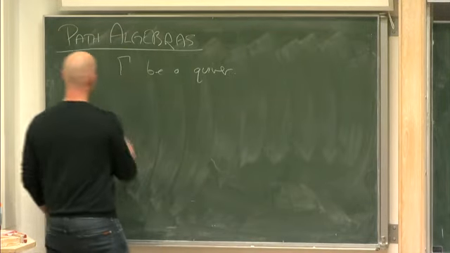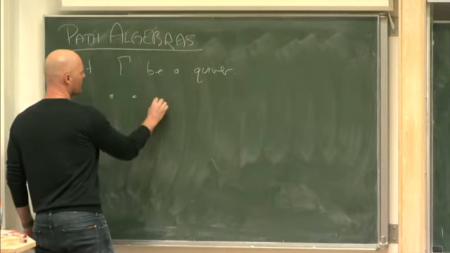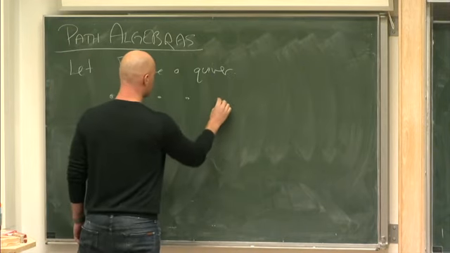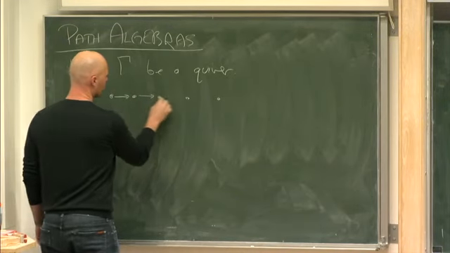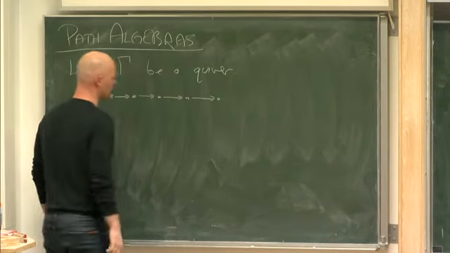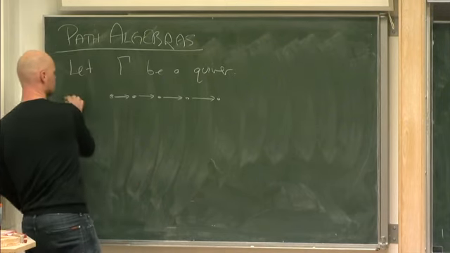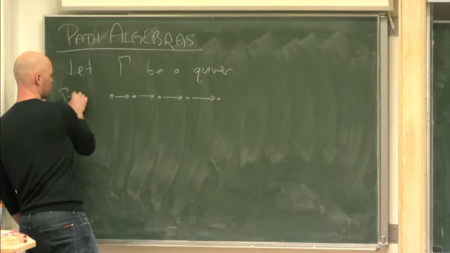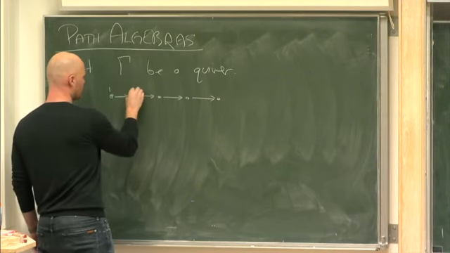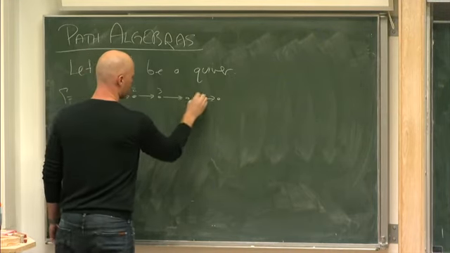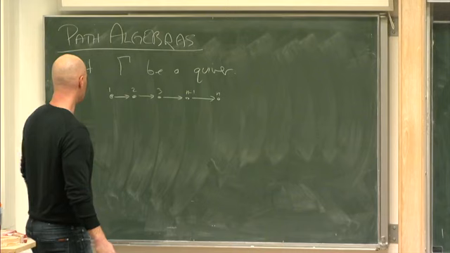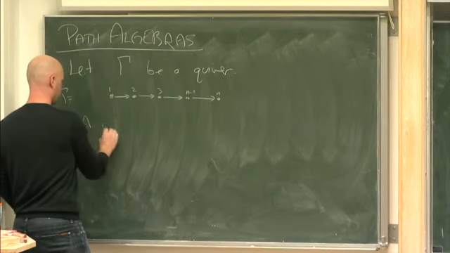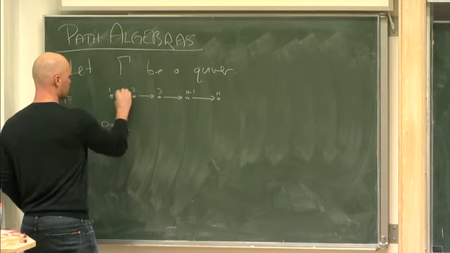Actually, in our lecture series, there's only one quiver that we're going to be interested in, which I'll get to in a moment. But this is an example, and I'm going to name the vertices. And maybe we should also name the edges.